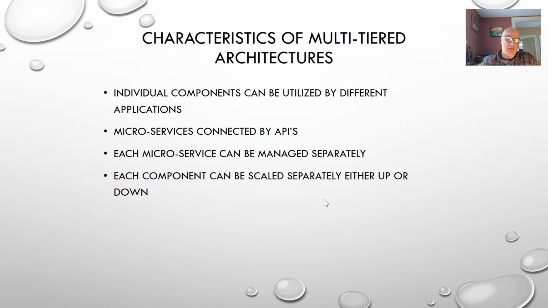So multi-tiered architectures usually consist of small services connected via APIs. Each one of those small services can be managed separately, and each component can be scaled separately, either up or down. This is the way something like Facebook works, where you've got this MySQL application that's nothing but a big database.